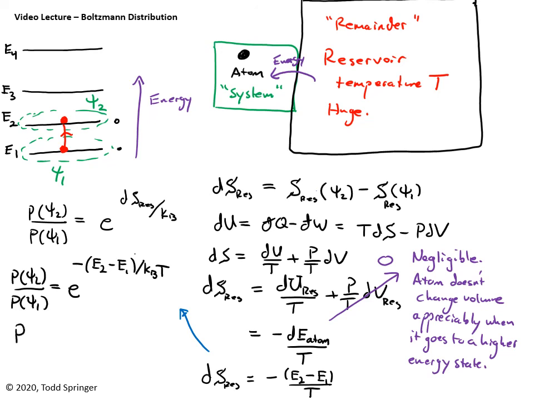So another way of saying this is that the probability that the atom is in state psi n is proportional to, there will be some constant, e to the minus En over kBT. That's the central result we've been trying to calculate.